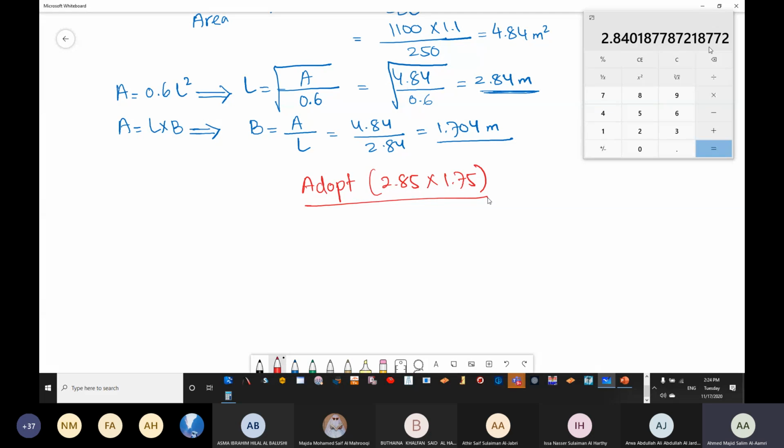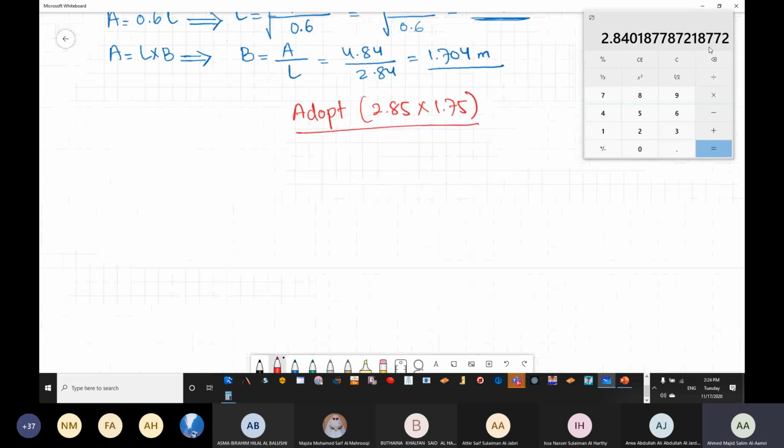You can do it as well. Both of the methods are the same. Do not confuse yourself. Okay, so add 2.85 into 1.75.